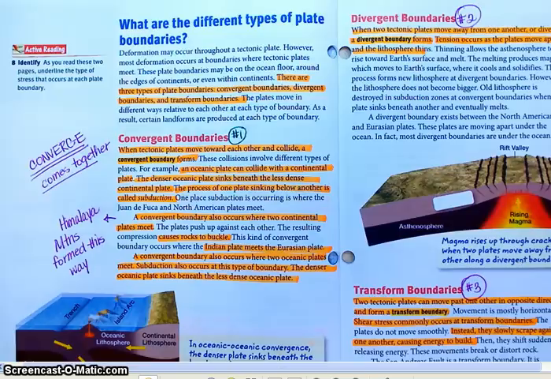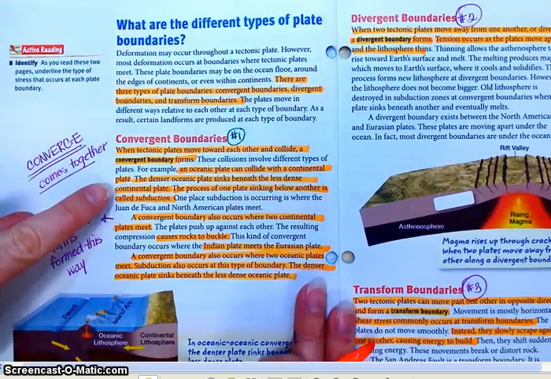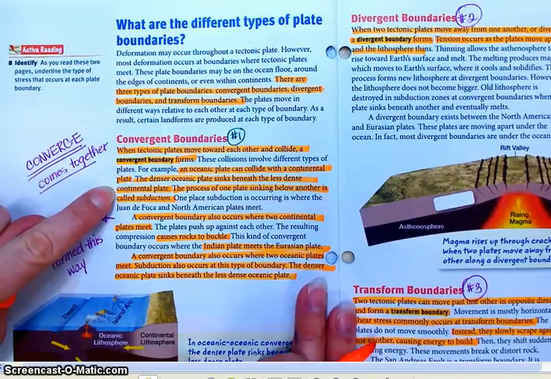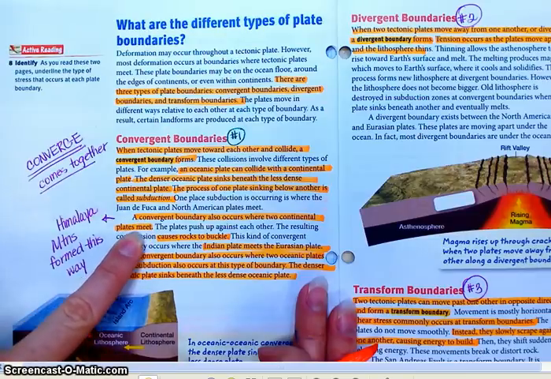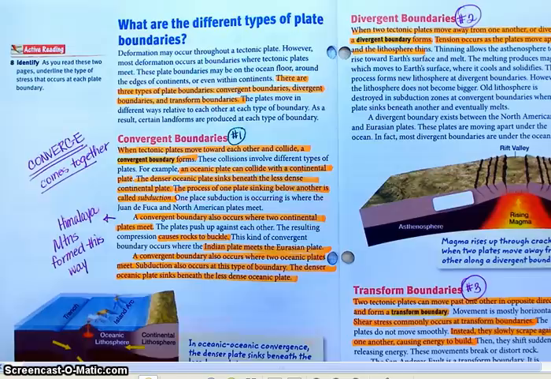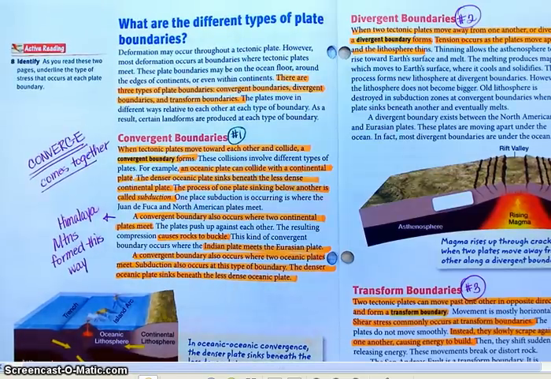A convergent boundary also occurs where two continental plates meet. So you've got plates coming together where one of the plates has oceanic crust and one of the plates has continental crust. You can have plates coming together where both of the plates are made of continental crust. In that case, the plates push up against each other.